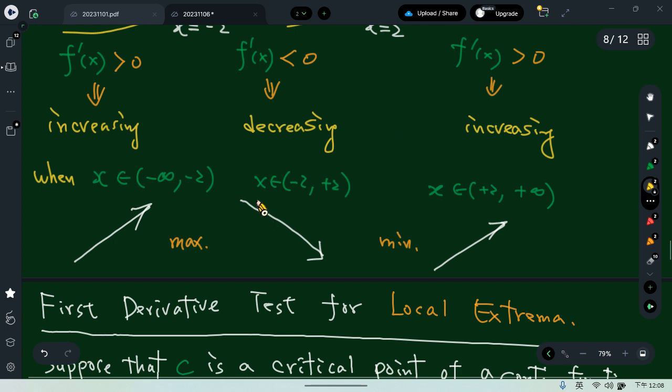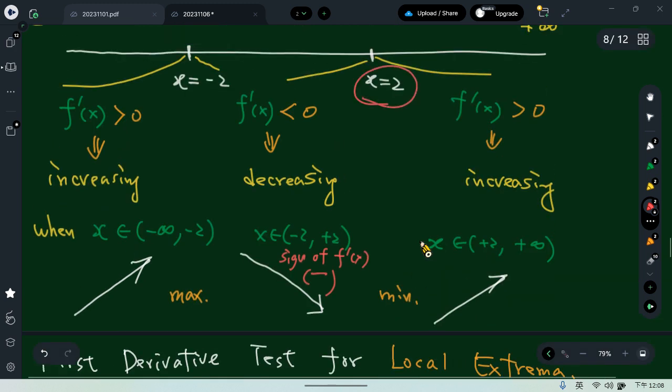Just like this, here the sign of f prime x is negative, then after this point the sign of f prime x becomes positive. So from negative to positive, from going down to going up, we must find a minimum value here, because x is equal to 2 is a critical point.